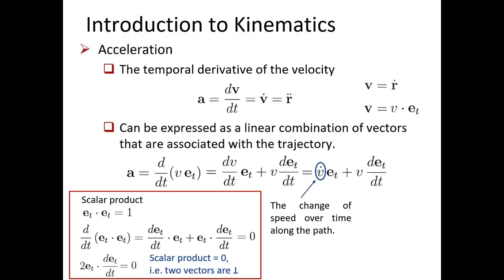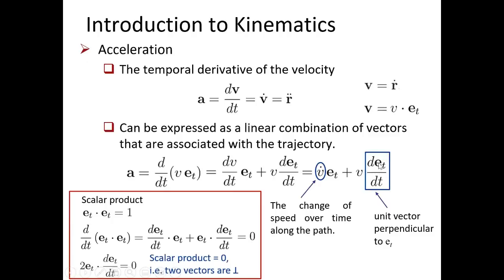If the path is a circle, then et is in this direction, and the perpendicular direction should go through the center, and that is, let's say, en. So this is the direction of det over dt. Just try to understand the magnitude of this. We worked out the direction, which is perpendicular to et.